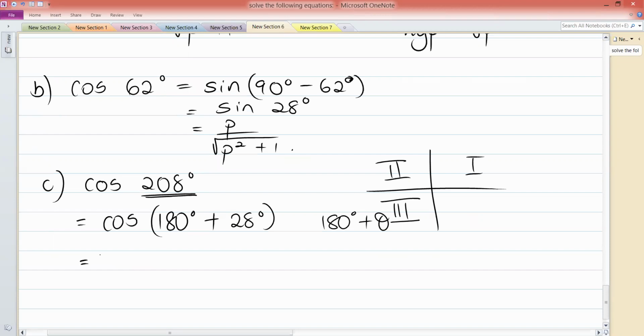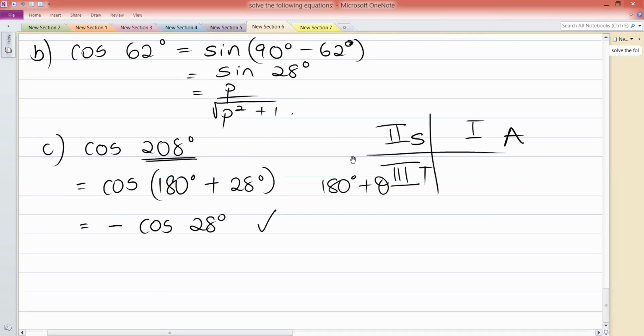So let's reduce this. Only tan is positive in the third quadrant. That means when I reduce this, it becomes negative cos 28. So this reduction earns you 1 mark. Then after that, you need to work out cos 28 in terms of the letter P. You keep the negative sign here.